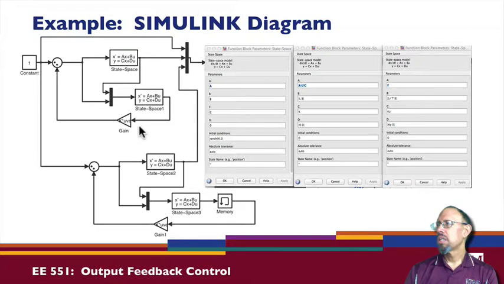Our output is K, so our C matrix. Even though I show a gain here, this is actually a gain of 1. But our K here takes the state feedback estimates and puts them out directly. So 0 initial conditions, and the D matrix is 0 associated with each of these two columns. For this part, we use F as the A matrix.